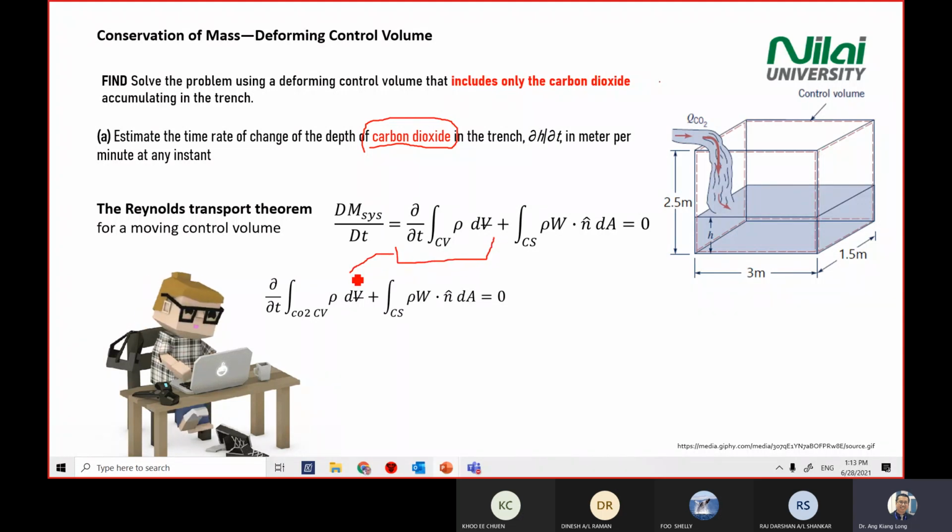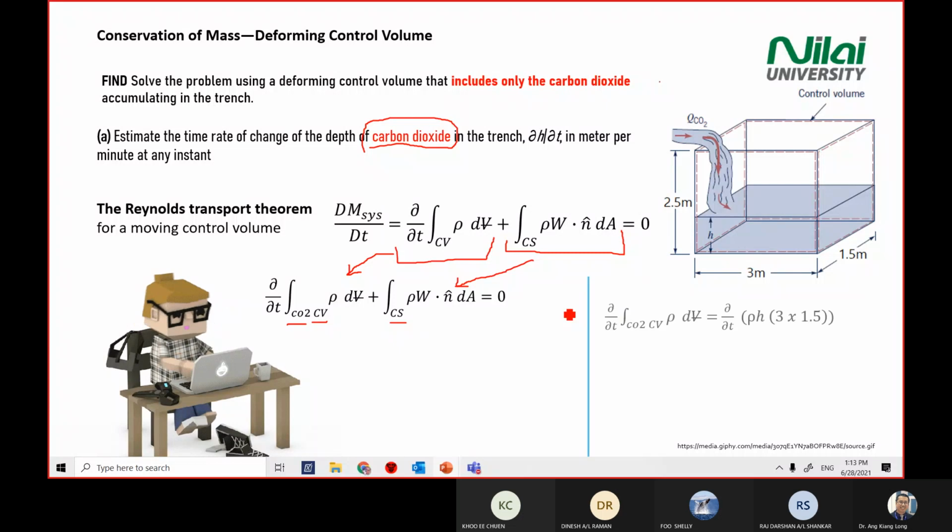So you modify your equation a little bit. On this section you write del over del T integration of the control volume you are referring to, CO2, while the other side you just copy for the control surfaces, equals 0. So one is control volume, one is control surface. Then you start to calculate on the CO2 control volume dimension.